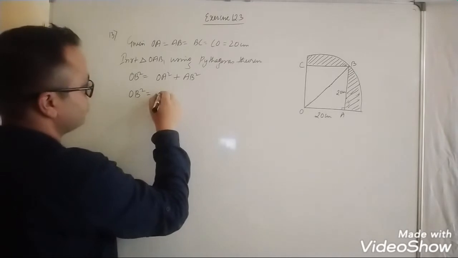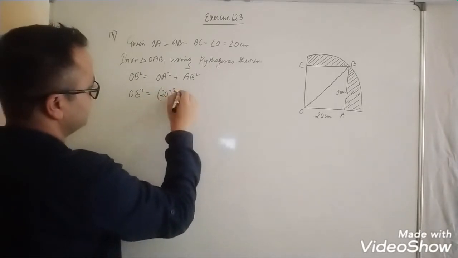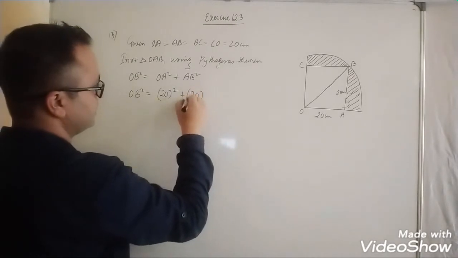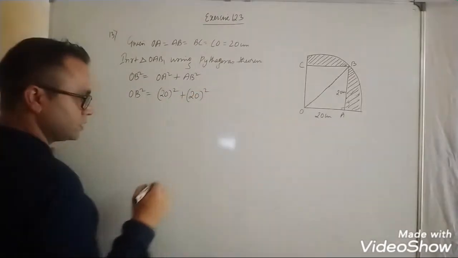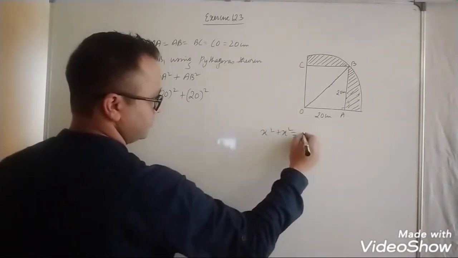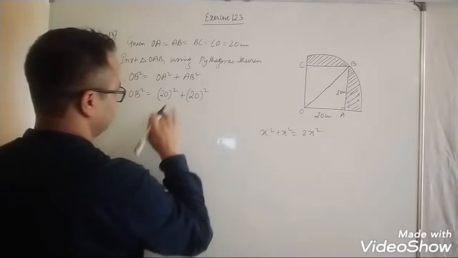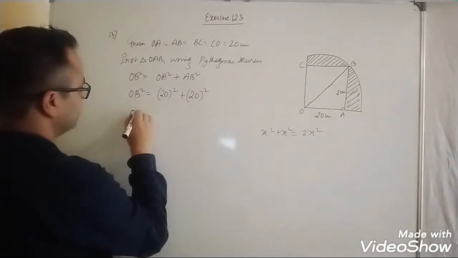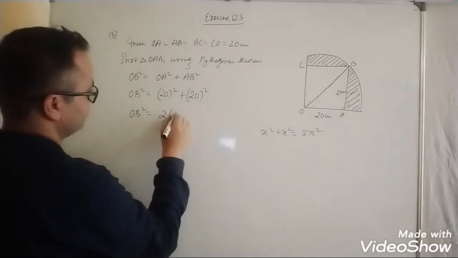OA square is 20 square, and AB square is also 20 square. Suppose you have x square plus x square, the answer is 2x square. So OB square equals 2 into 20 whole square.